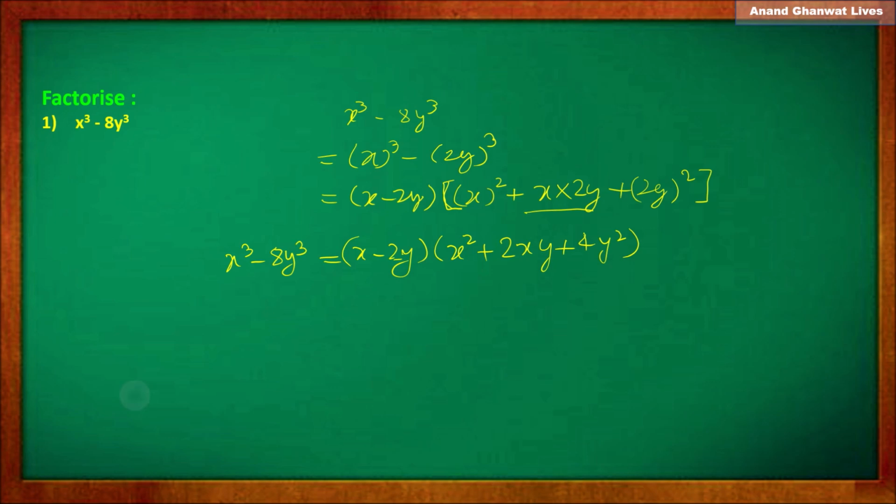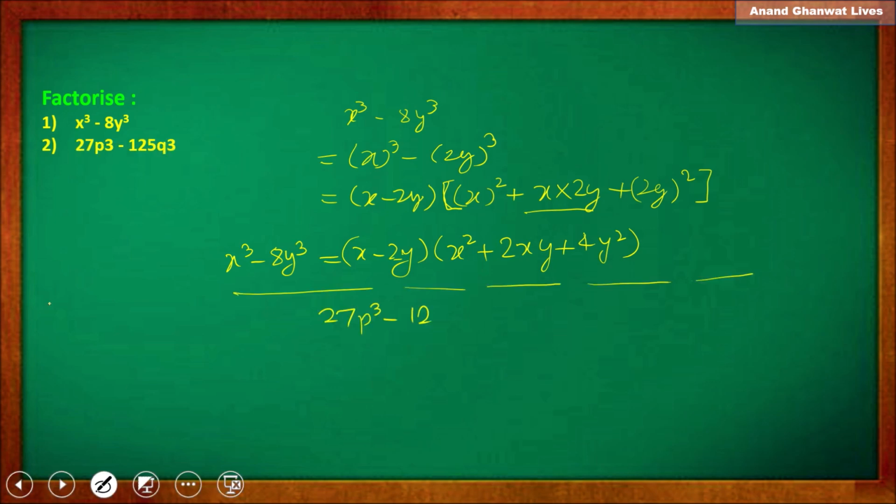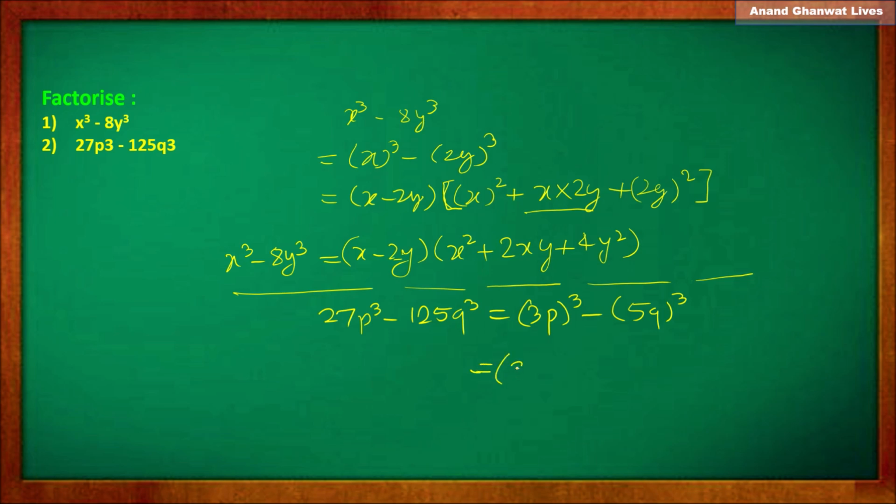Okay. Next example. Example is 27p cube minus 125q cube. So 27p cube is the cube of 3p and minus 125q cube is cube of 5q. So factors are 3p minus 5q into another bracket square of 3p plus 3p into 5q and plus square of 5q.